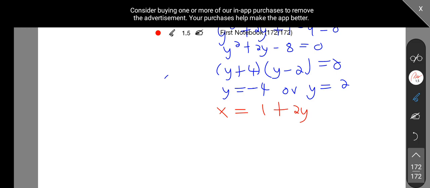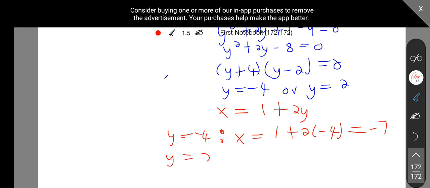If we plug y equal to negative 4, what do we get? x equal to 1 plus 2 times negative 4. And the answer is 1 minus 8, that is negative 7. If we plug y is equal to 2, what do we get? We get that x is equal to 1 plus 2 times 2, and our answer is 5.